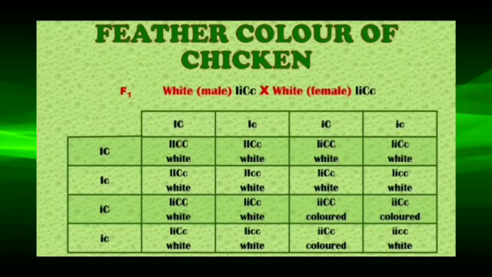Hence, a chicken that is homozygous recessive, that is having small c, will also be white. So you can see that our usual Mendelian dihybrid ratio, 9 is to 3 is to 3 is to 1, has been changed by the epistasis to 13 is to 3, where among the 16, 13 are white and the rest 3 are colored.